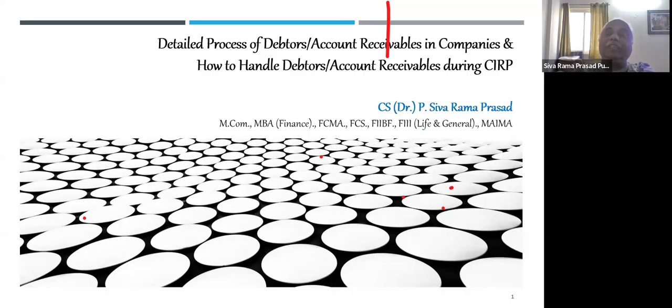That is called assignment. In case of stocks, hypothecation. In case of debtors, assignment. So once assignment is given, once the company is in financial trouble, the banks will directly write a letter to the debtors, and they will recover that amount.